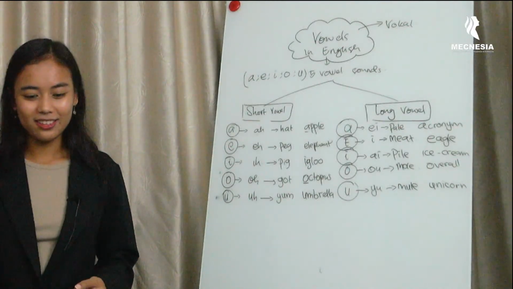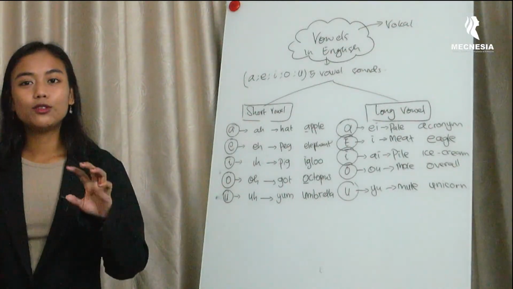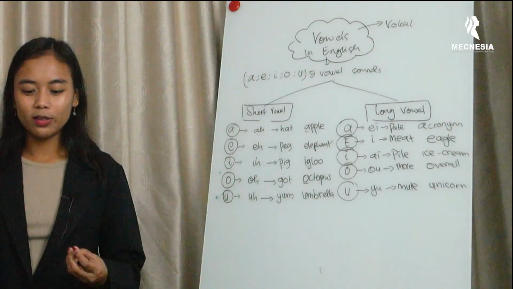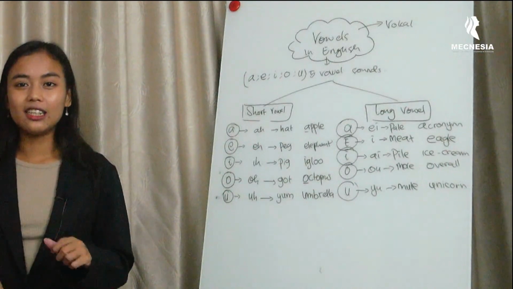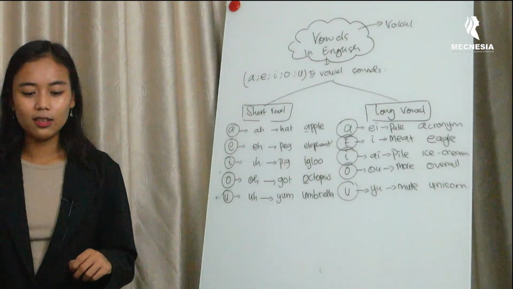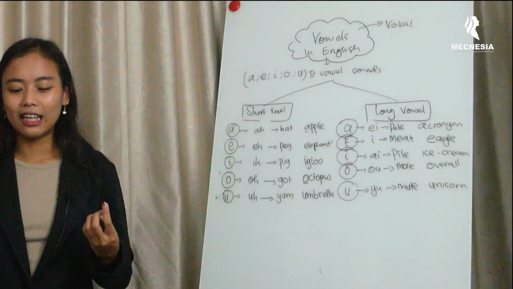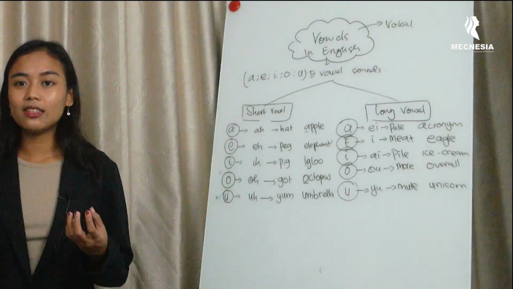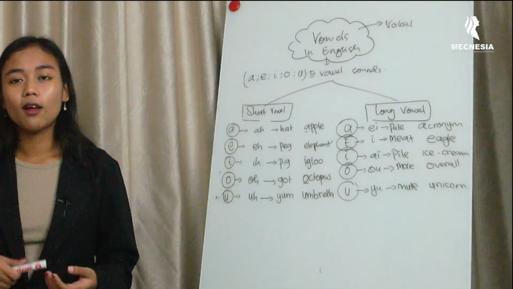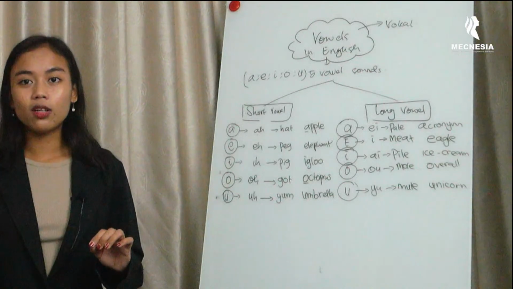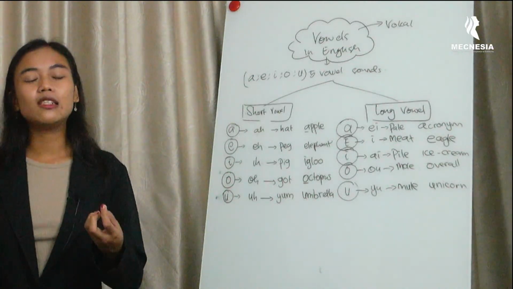And next, toe, toe. Toe means ibu jari, jadi toe itu artinya ibu jari, terutama ibu jari kaki ya. And the next, boy, anak laki-laki. Next, poison means racun. And boat means perahu atau sampan.